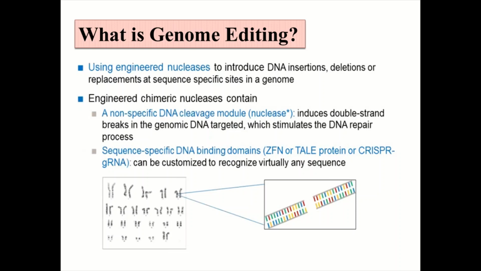First, a DNA cleavage module, which is generally a nuclease that can generate a double-stranded break anywhere in the genome and thus induce the cell repair process. The other part is a sequence-specific binding domain that can be customized to recognize any sequence. This part can be a zinc finger protein, a TALE protein, or a CRISPR guide RNA.